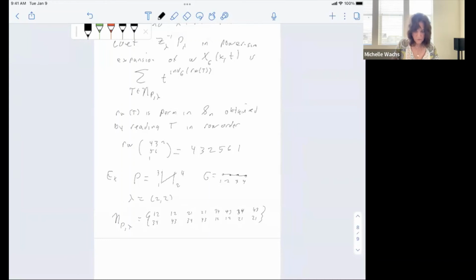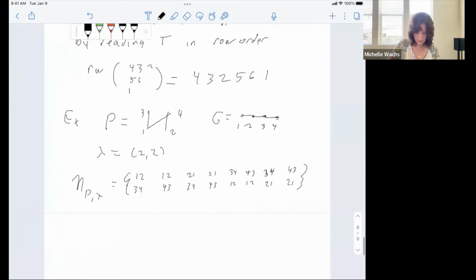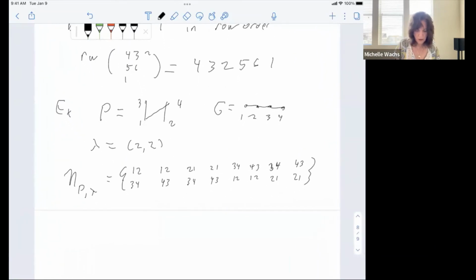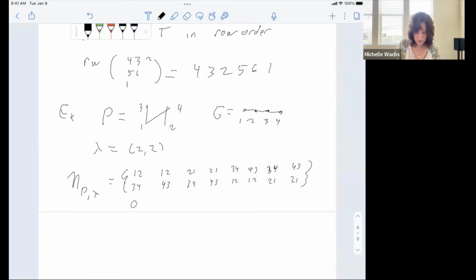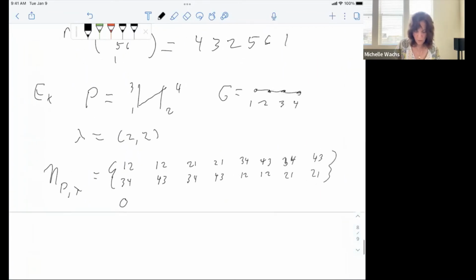And then I need to find the number of inversions of the row word of each of these. So the row word of the first tableau, 1, 2, 3, 4, has 0 G inversions. 1, 2, 4, 3 has a G inversion here, 4, 3. So there's 1. 2, 1, 3, 4 has the G inversion 2, 1. There's 1.